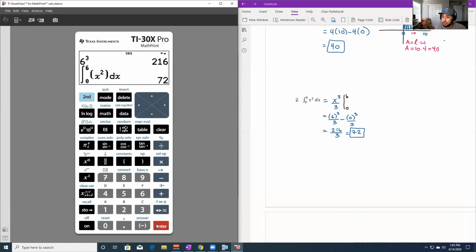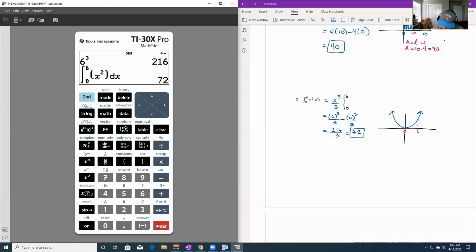And one more quick refresher on what we just found. So we're looking at x squared. So x squared looks like this. Well, we wanted to evaluate x squared from 0 to 6, which means that we wanted to find the area underneath this curve.